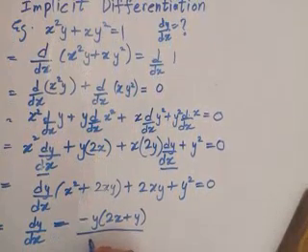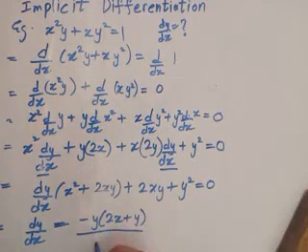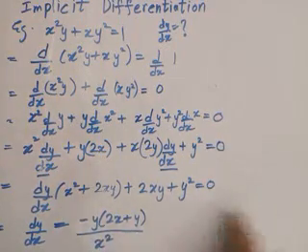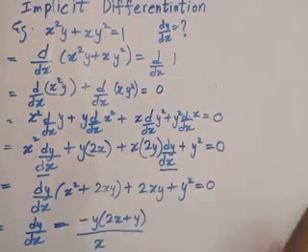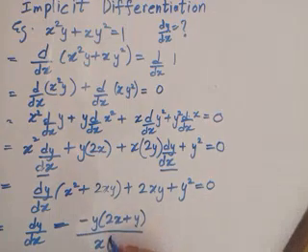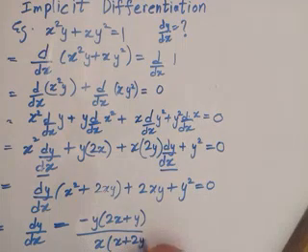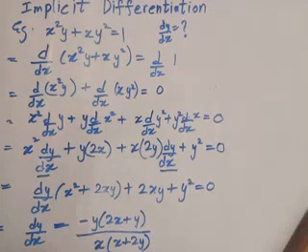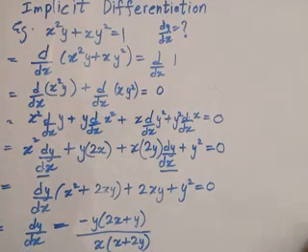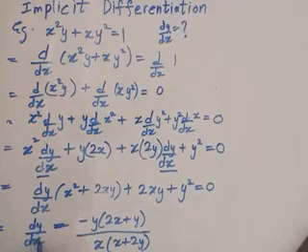And I can divide it by this term over here, so that's x square, or I can take out an x common, x multiplied by x plus 2y. So all in all, we have found the derivative of the function y with respect to x.